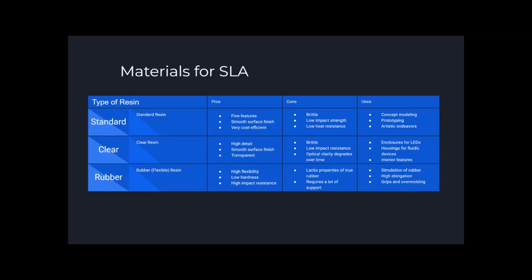So there's some chemistry that goes into that. There's a lot of different types of them. Some of them are only able to be washed in isopropyl alcohol. Some of them are able to be washed in water. We have some of those. And there are ones that also have that TPU-like flexible quality.